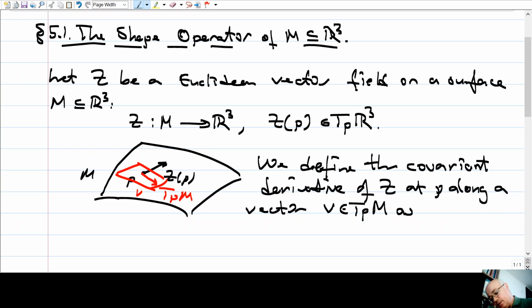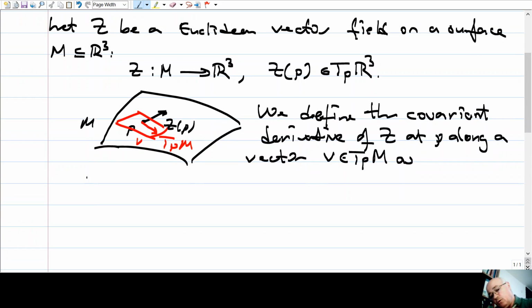Okay, as follows: the covariant derivative of the vector field along the vector v. V is a tangent vector at the point p.